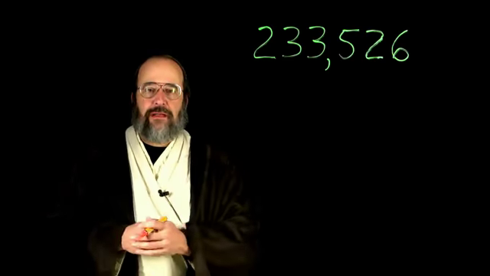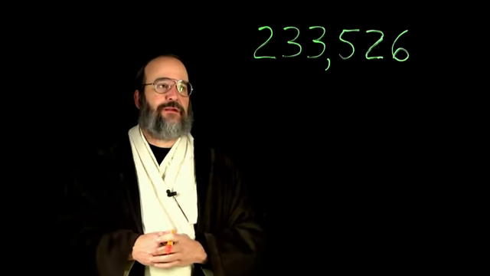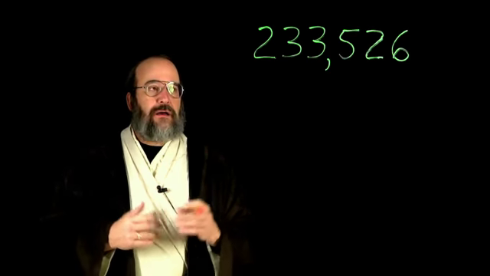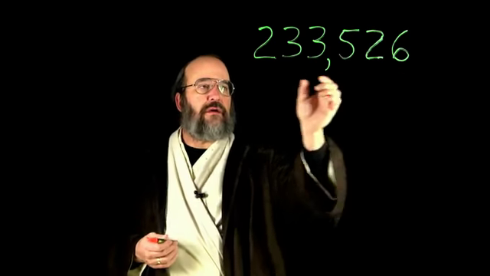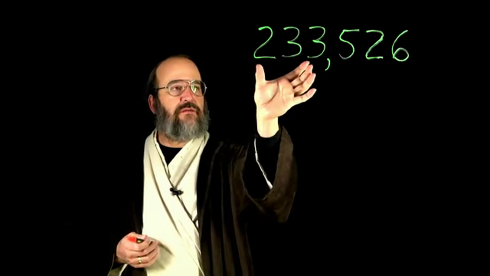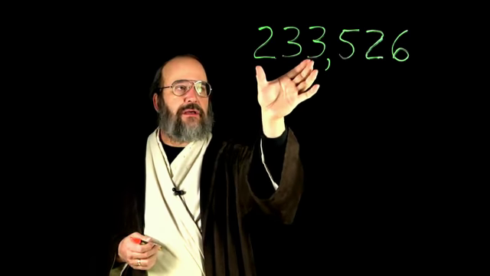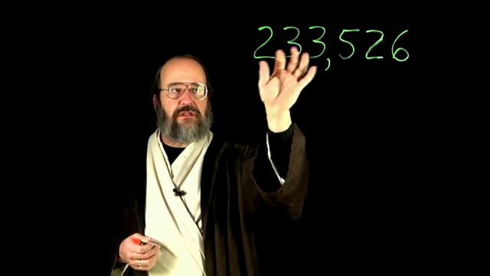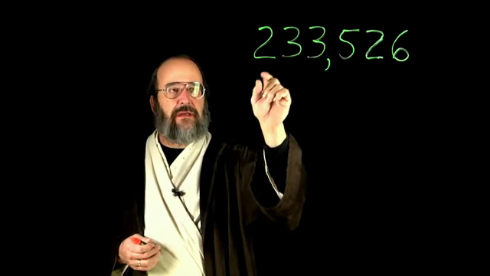Now let's look at writing a number that's a little bit bigger than just the 2-digit numbers. To write out this number, the first thing you need to do is move all the way over to the farthest left period and start with that. Look at the 3 digits that are there and just say them like you normally would for just these 3, 233.